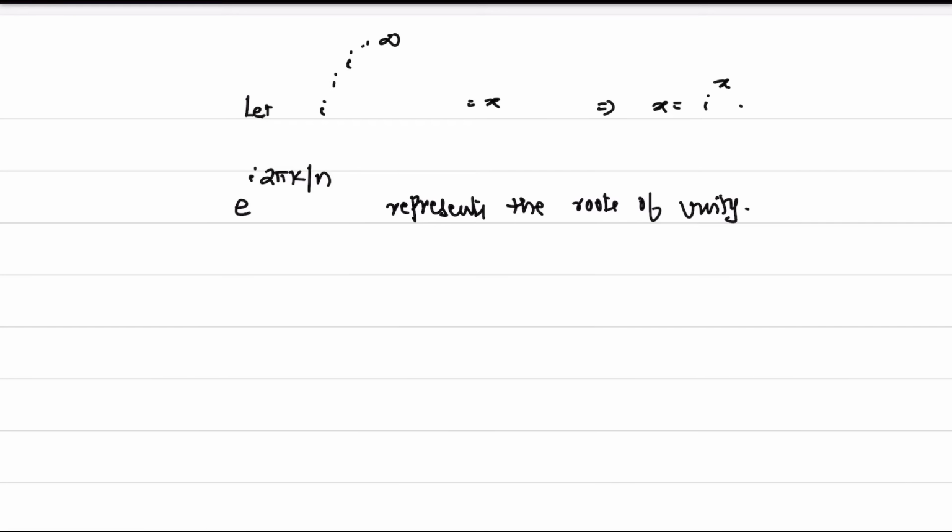In the previous last two classes, we have seen that e to the power of I into 2 pi k by n represents the roots of unity. And also e to the power of ix is equal to cos x plus I sin x.